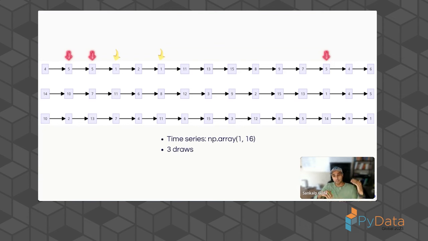If you look at the very first row, where I've highlighted with red arrows, the timestamp or the index 5 repeats 3 times. The index 1 repeats twice. Similar things happen in the other 2 draws also. The reason for this is to highlight that bootstrapping, the way traditionally the term is used, refers to resampling with replacement, replacement being the key term.